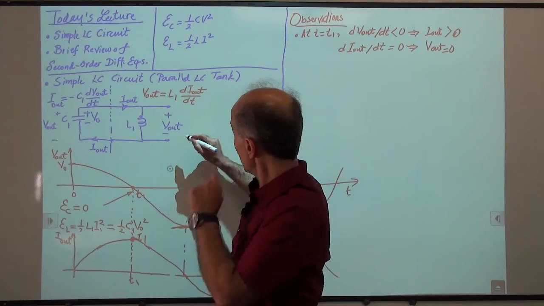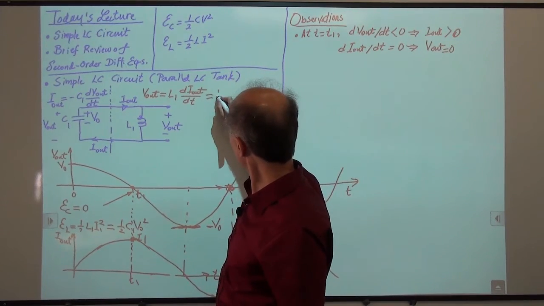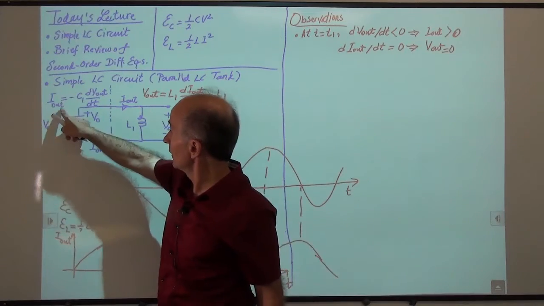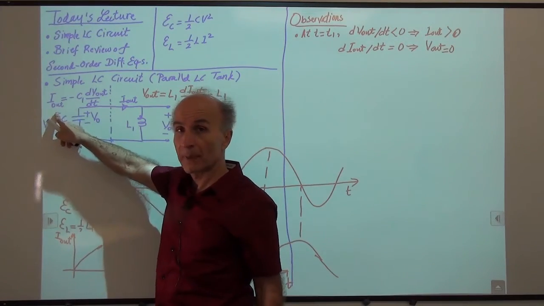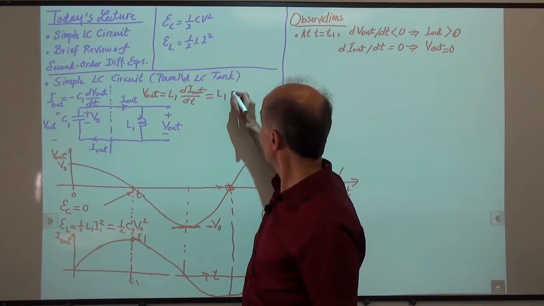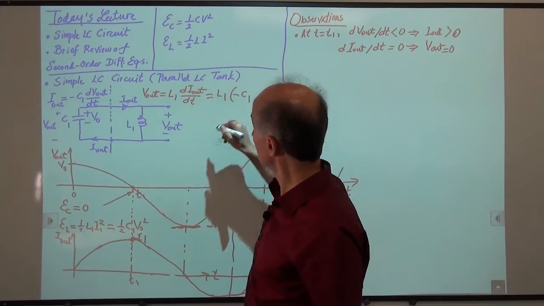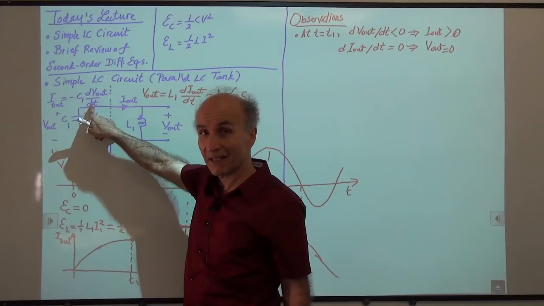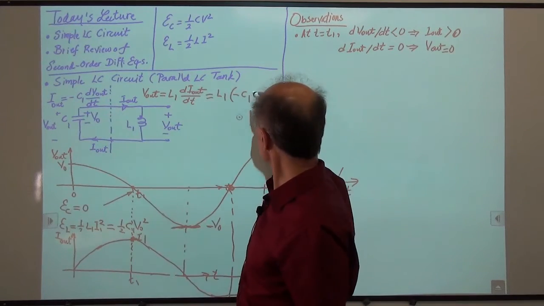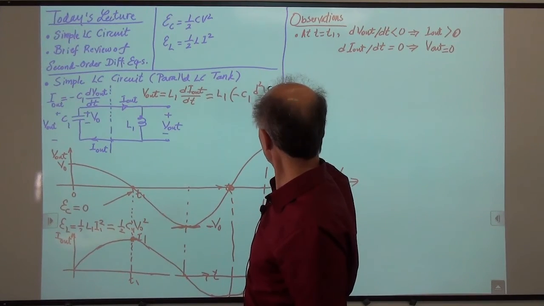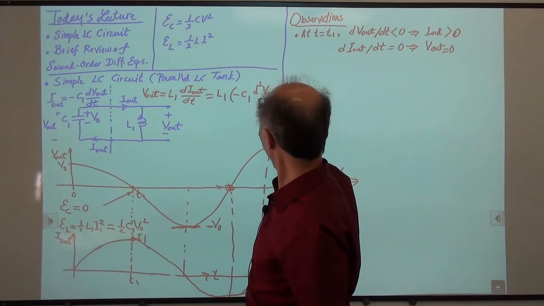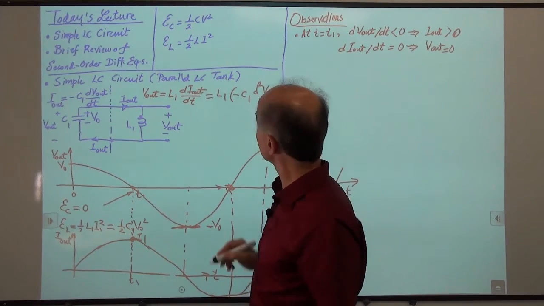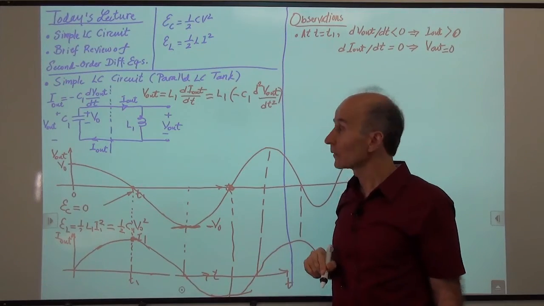So what would I get? Well, it's easy. We just write L1 di out over dt. So let's take the derivative of this with respect to time. So that would be minus C1, derivative of this, C1 is constant, so that would be the second derivative of V out, d squared V out over dt squared. Right?